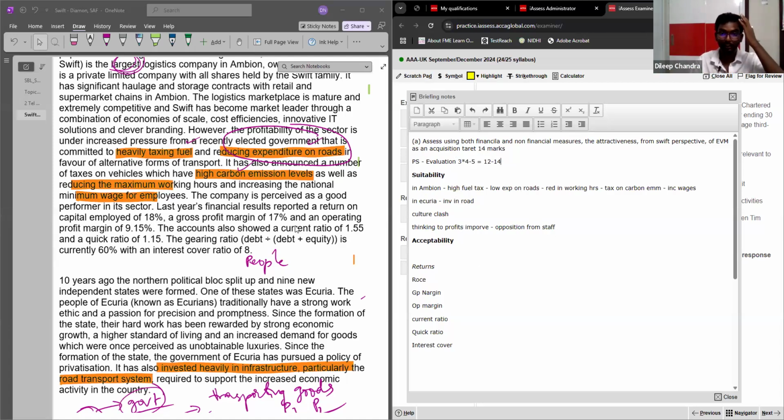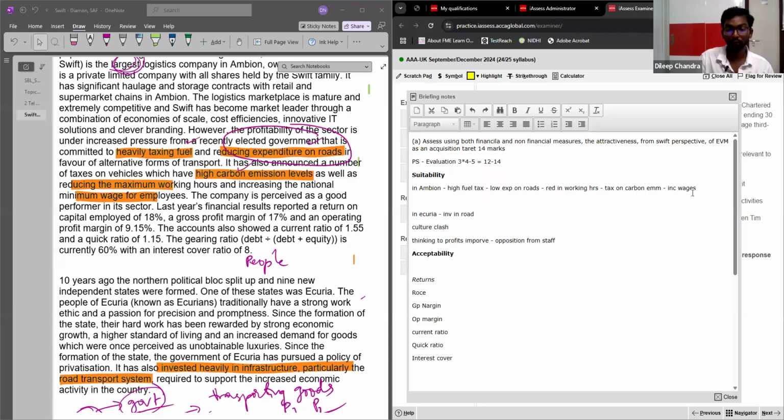So under suitability, what did I write here? In ambient, higher fuel tax is there, low expenditure on roads, reduction in working hours, tax on carbon emissions, increase in wages. Now I'll have to frame my sentence. First of all, I have to say what suitability is, right?